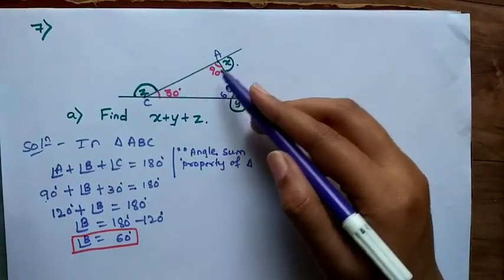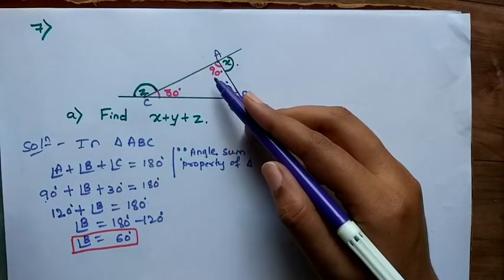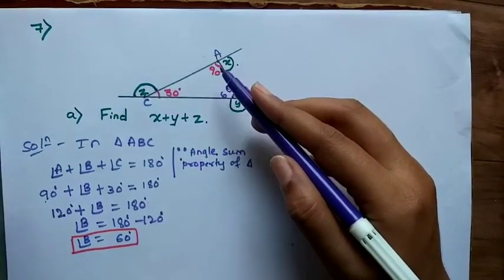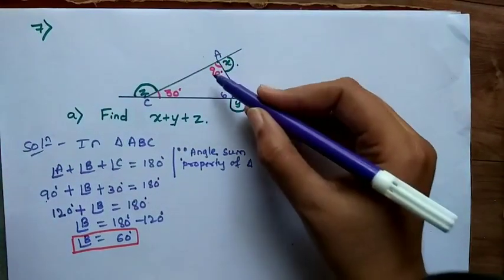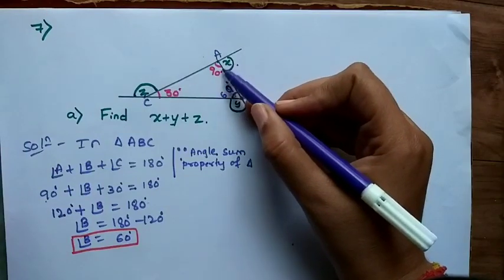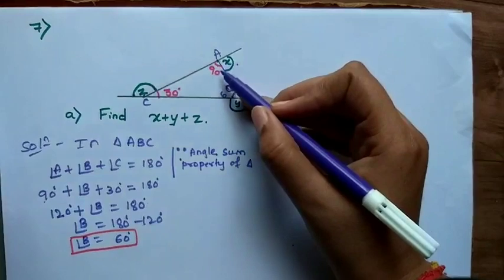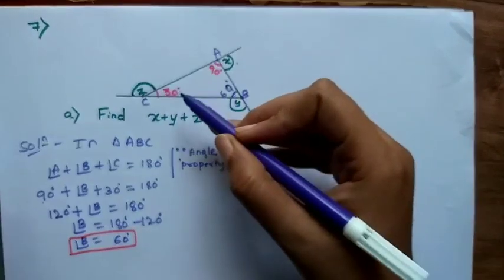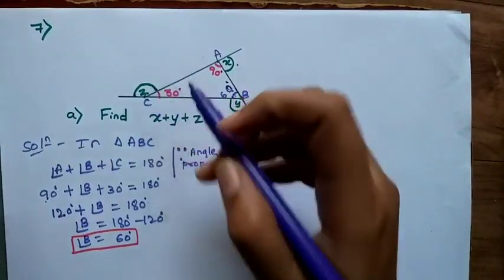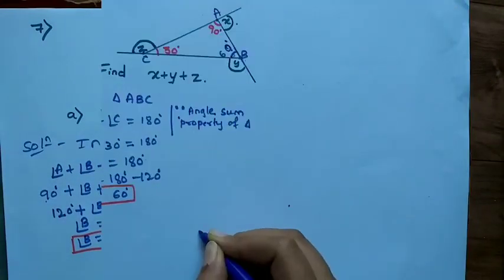Already we discussed it in the last class. What is the condition of linear pair angles? A pair of adjacent angles whose sum is 180 degree. Just observe here, 90 degree and x are adjacent angles. When we add these two, we get 180 degree. So for solving the values of x, y, z, we have to apply the condition of a linear pair of angles.